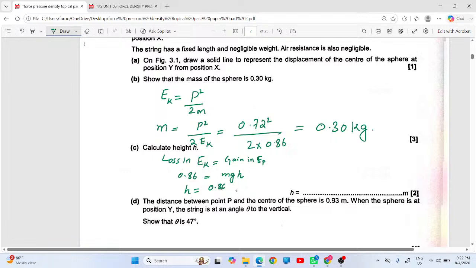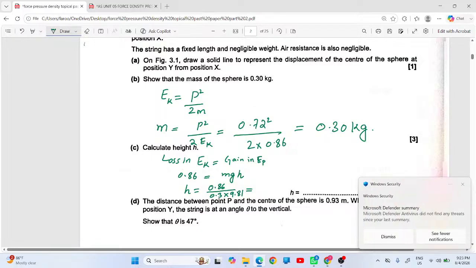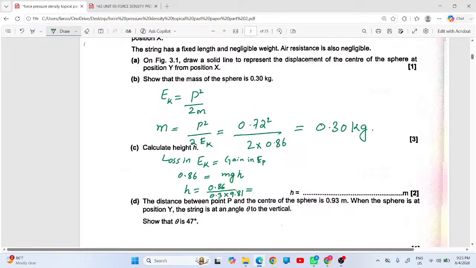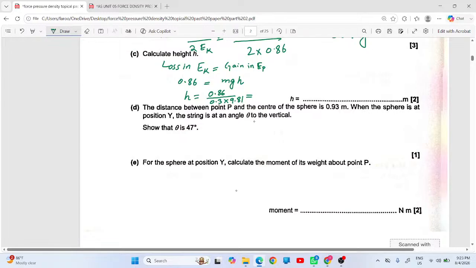So 0.86 divided by the mass is 0.3 multiplied by 9.81. अब चेक करें क्या आता है आंसर। 0.29. So 0.29 meter is the height.